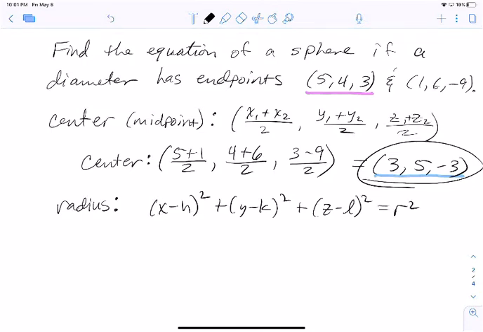What I'm trying to say here is we have a point on the sphere, 5, 4, 3. And so those coordinates go in place of x, y, and z in the equation for the sphere. Likewise, for our center, we have 3, 5, and -3.